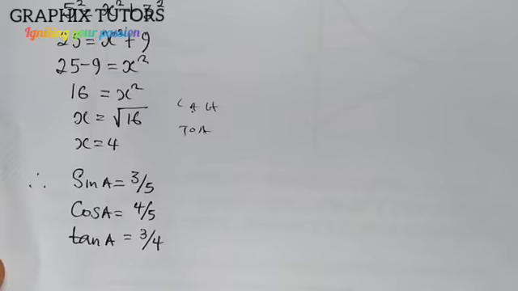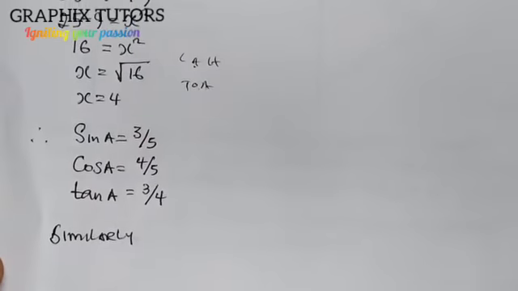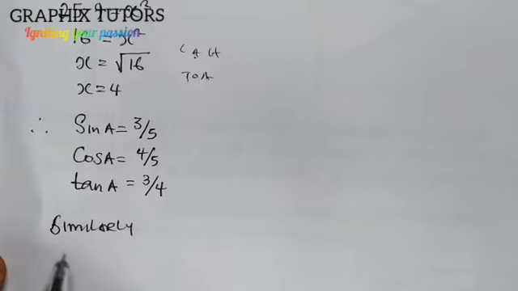If you look at the same question again on the screen, it says we should also look for sine B. Now for sine B, similarly, we have 5 over 13, right?